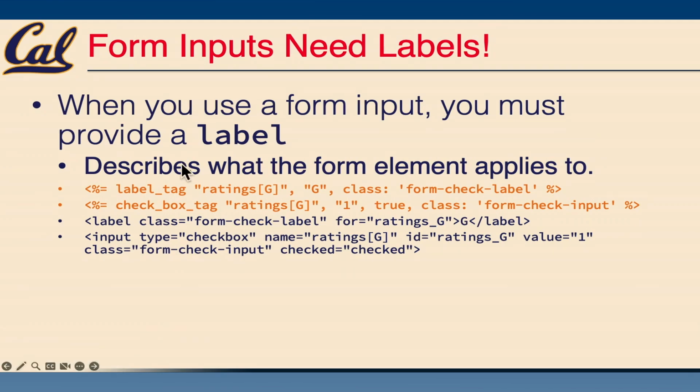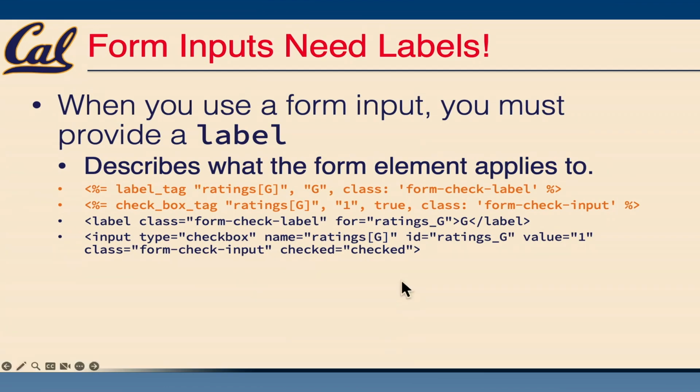input. So when we build a form in Rails, there's of course many ways to do this, right? But Rails gives us a bunch of helpers, whether that's label tag and form tag that you use in CHIPS 5.3, or the form helpers that apply the model attributes correctly. But essentially in Rails, if I give a label tag with some input like ratings G, and I have an input tag or a checkbox tag, which creates a checkbox input, the same ratings G, Rails will do the work to link these things up automatically.